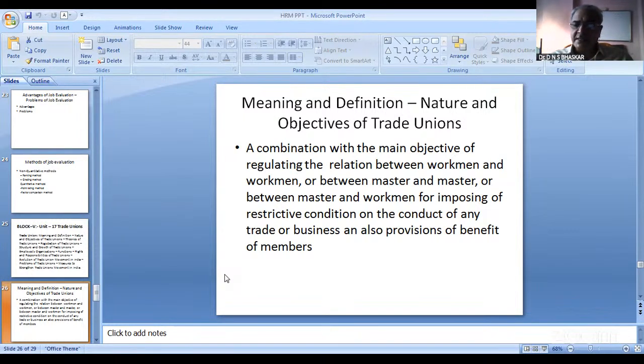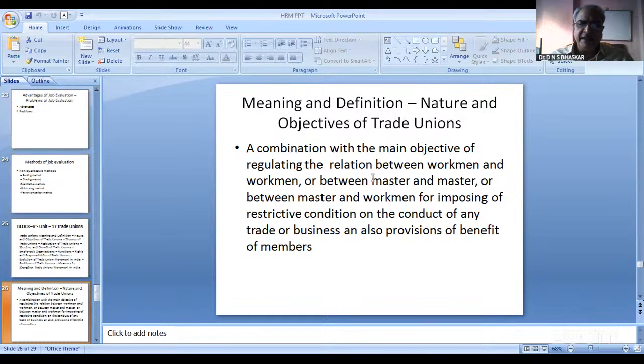Unless we impose certain conditions on the employment, on the benefits of the workers as well as on the management, there will definitely be exploitation of the people. Then it leads to various problems in the organization. So in this process, certain conditions which are beneficial for economic and social responsibilities are identified by the trade union. And it includes the federation of two or more trade unions also. The Trade Union Act also permits the establishment of two or more trade unions in a particular organization itself. Then coming to the next one.